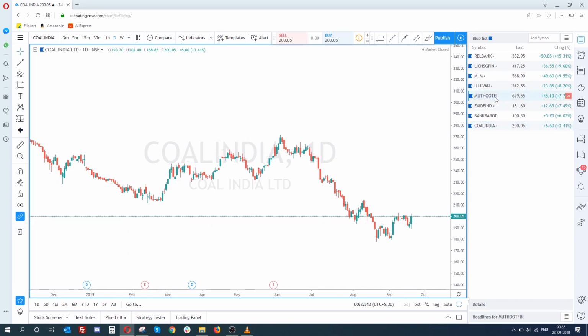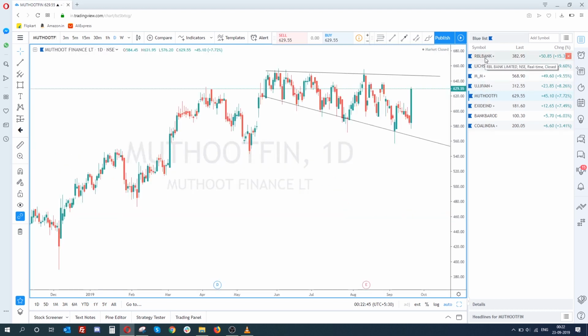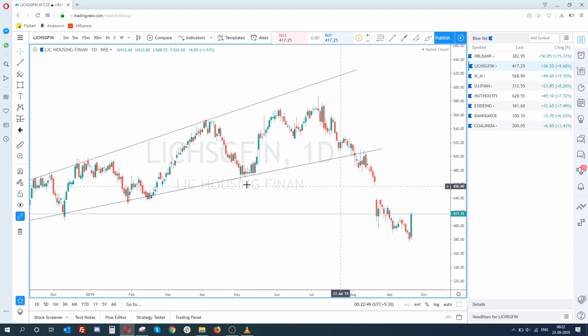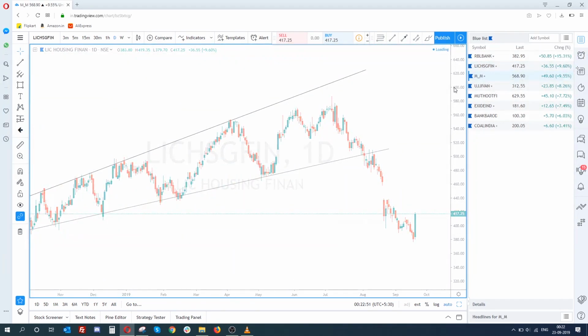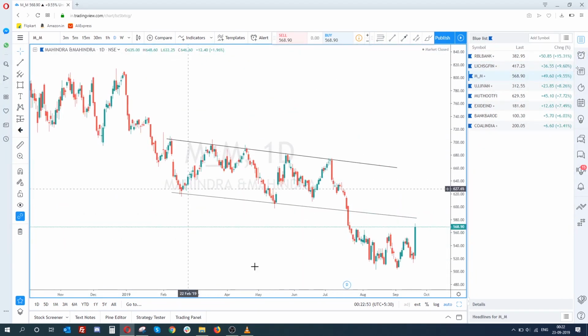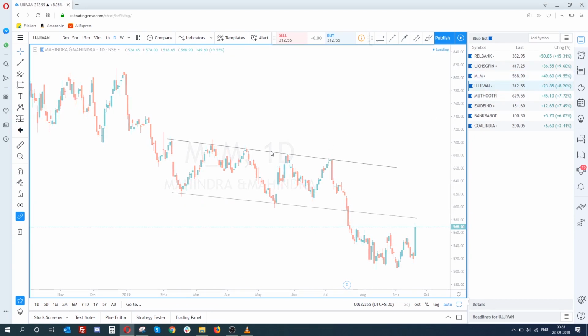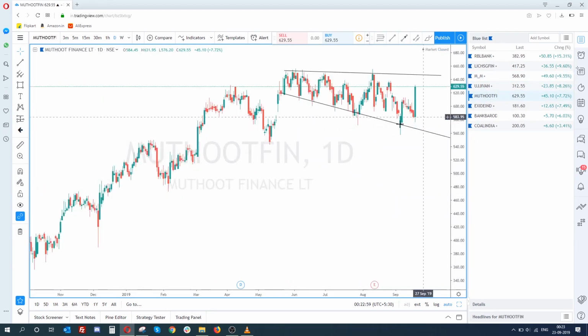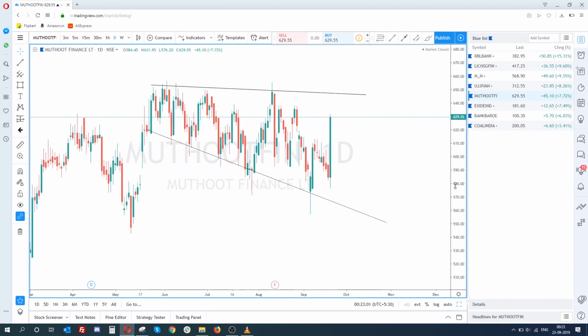So what did we see? We were discussing the upward channel, which is this, the downward channel, which is this, and the expansion channel, which is this, and this is again a kind of expansion channel.